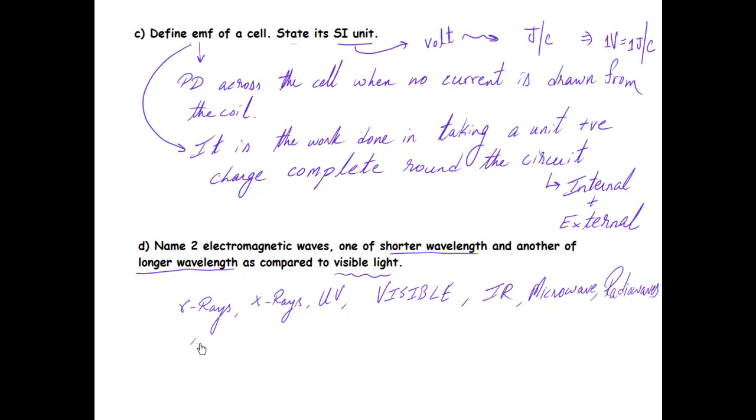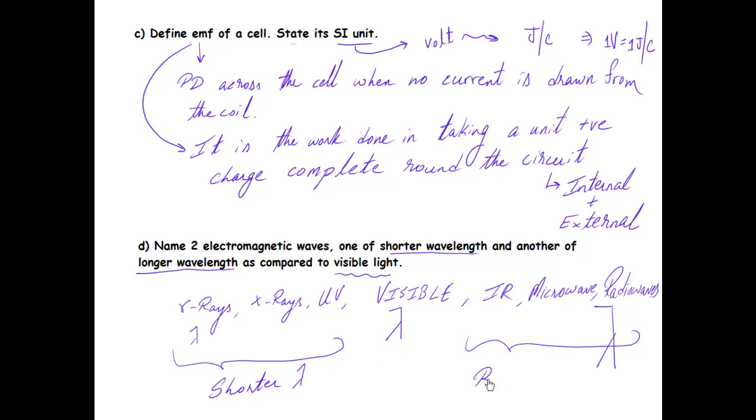So the wavelength of gamma is the least, visible is moderate, and radio waves is very big. So therefore all these radiations have a shorter wavelength than visible, and all these have a longer wavelength as compared to the visible light.